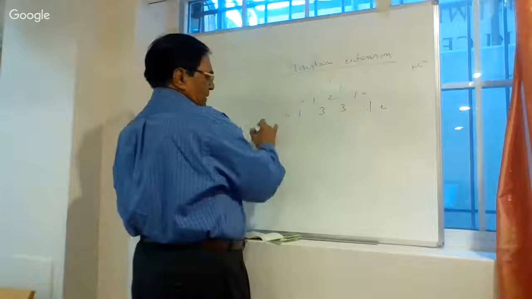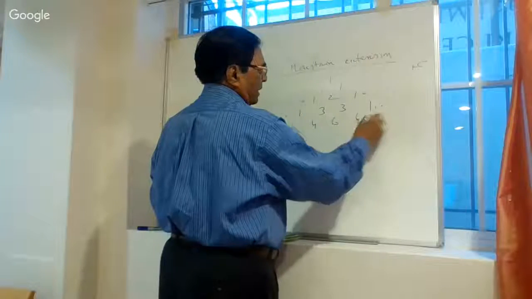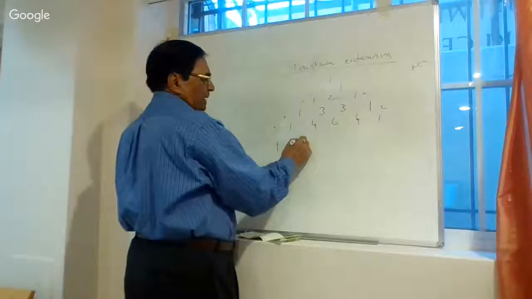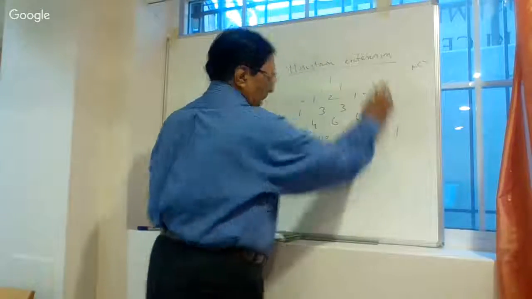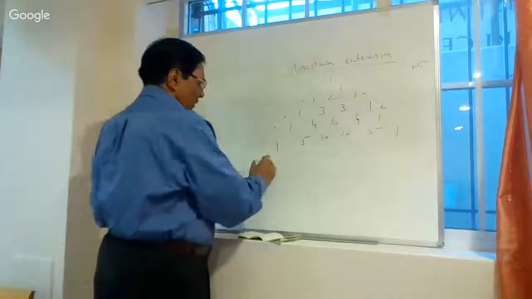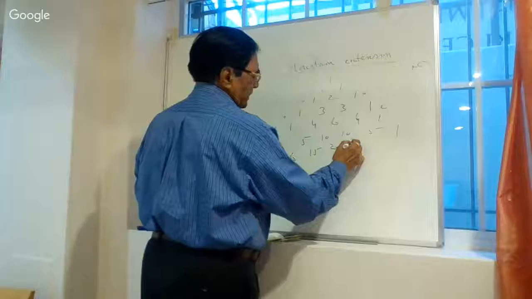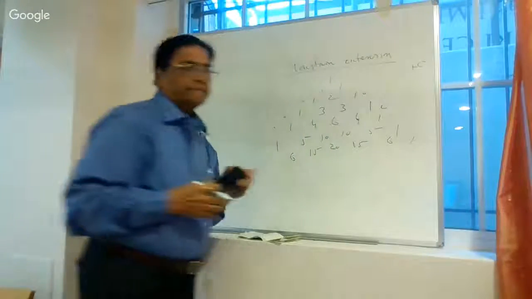This is 1, 4, 6, 4, 1. Consider both are 0. You can say 1, 5, 10, 10, 5, 1, and so on. You can go even one more: 1, 6, 15, 20, 15, 6, 1.